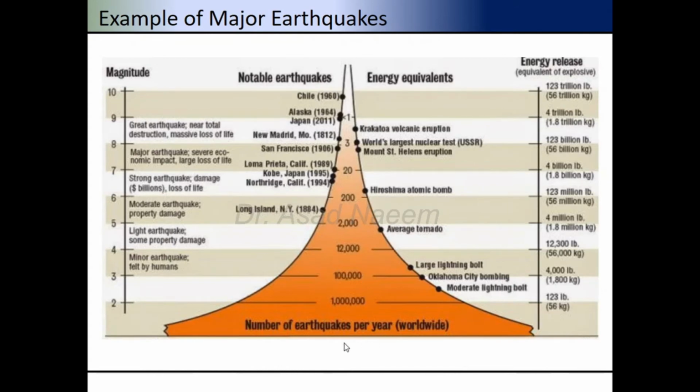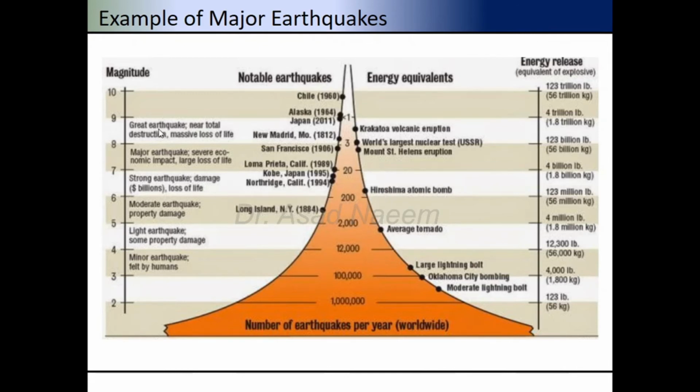This chart shows the notable earthquakes and the equivalent amount of energy released. As we can see, there are different earthquakes like Chile, Alaska, Japan, New Madrid, San Francisco, Loma Prieta, Kobe, Northridge, Long Island, and this is the amount of energy released by the Hiroshima atomic bomb, which is approximately equal to the amount of energy released by the earthquake in Northridge.